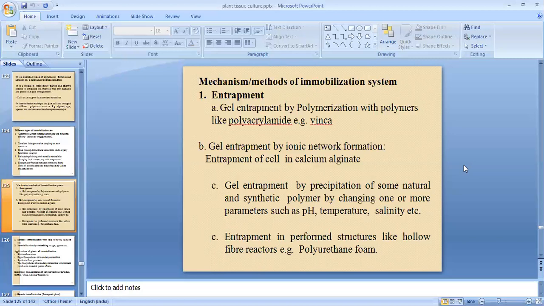Once you mix the sodium alginate and yeast cells, it is made to entrap as a gel in calcium chloride solution. So what happens? The sodium gets replaced by calcium and it gets stabilized, and the cells get entrapped within the calcium alginate matrix.